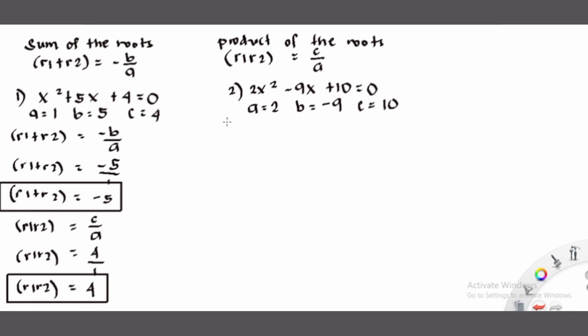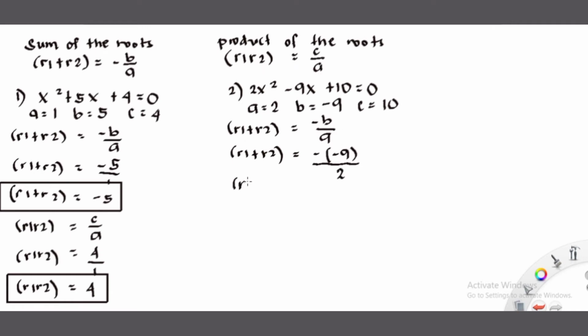Let us solve for the sum. So again, sum is R1 plus R2, defined by the formula negative B over A. So that is equal to sum root number 1 plus root number 2 is negative. Ang B natin ay negative 9. So negative from the formula times B, which is negative 9. So negative times negative 9 divided by A, which is 2.